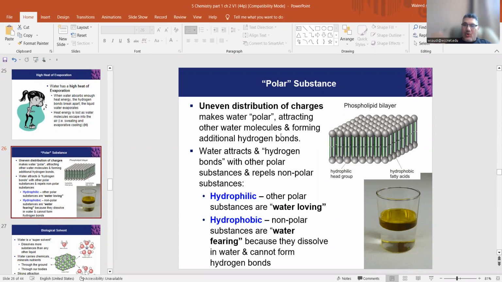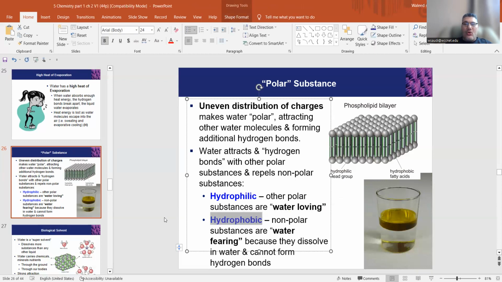Things that love water, and we call that hydrophilic. And should we memorize exactly what's hydrophilic? No, that's not a good idea. The good idea is to memorize what is the water hater or water fearing. Which is the water fearing?